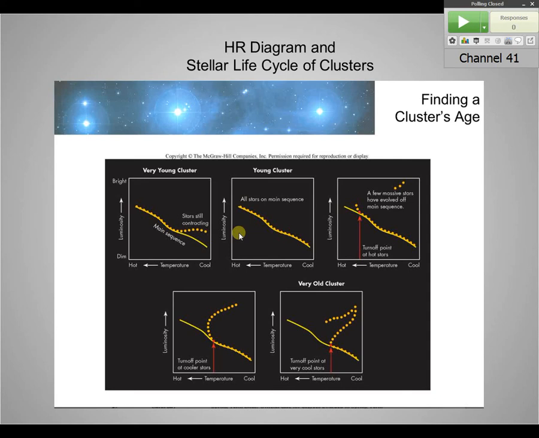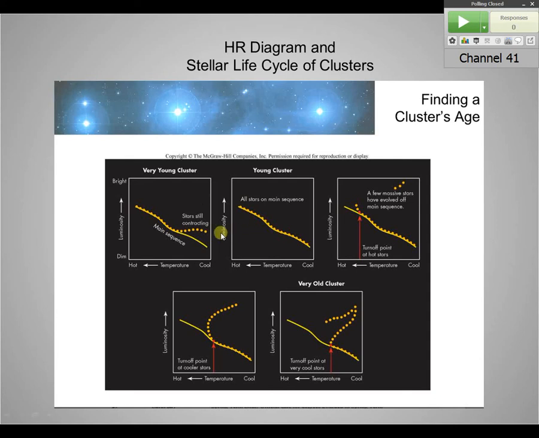And oftentimes they stay gravitationally together. And that's what we really mean by a cluster. But if it just happens to be a cluster that appears to be associated in space, it doesn't necessarily mean they are. You have to figure out, are they actually gravitationally associated with one another? And from there, then I'm safer to assume that they've been born at the same time. That's a really good question, though. Does that make sense? Okay. Other questions about this?